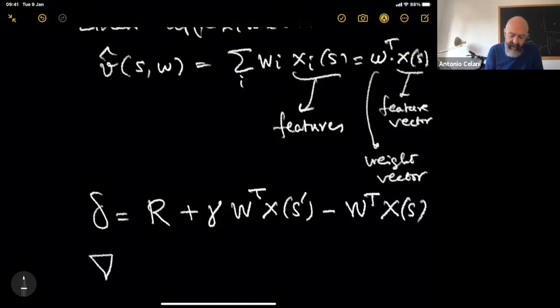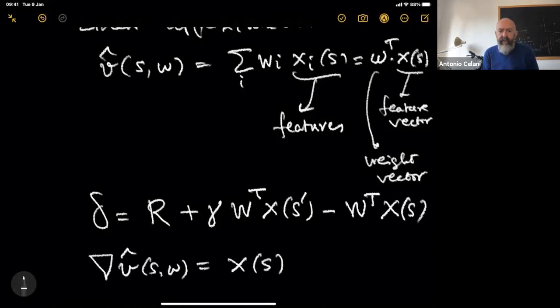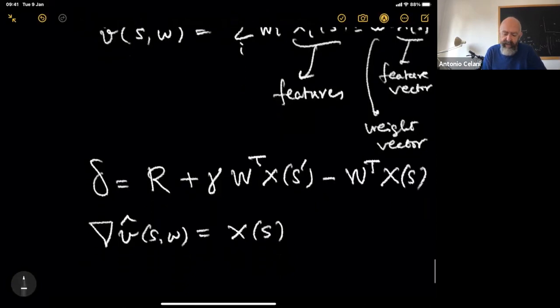Also, because of linearity, it's very easy to write down what is the gradient of the value of the approximation. And this is just the feature vector, because the value is a linear function, so if you take the gradient along each component, you get exactly the components of the feature vector.